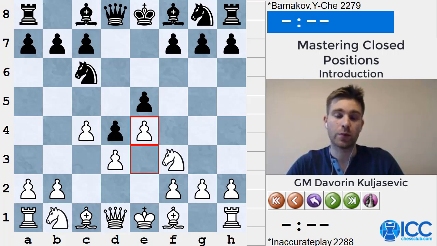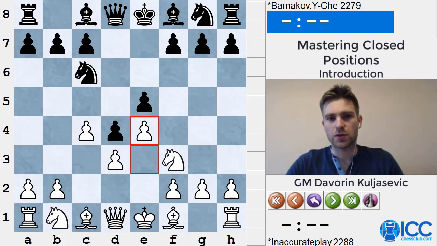So one important thing about such positions is that, as the title of the course says, there is an increased importance of maneuvering. And this means that a lot of times you will have to use abstract thinking rather than concrete thinking. For example, in some open position, if you calculate variations, you usually go like he plays this, I play that, he goes here, I go there, move by move.